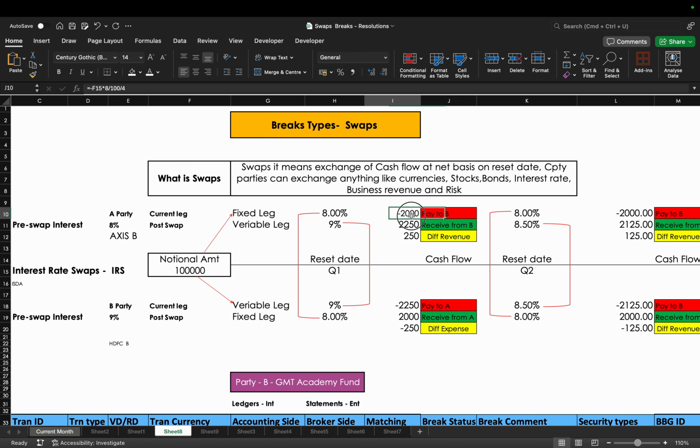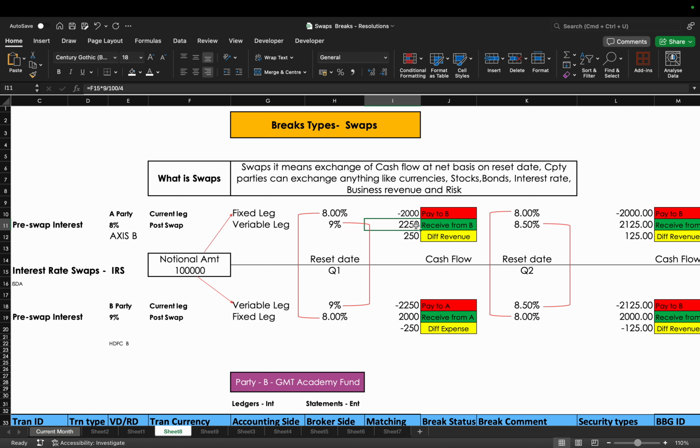If I calculate here, you can see the formula noted down: total notional amount into interest payment, divided by 100. Again you divide by 4, because in 1 year you have 4 quarters, so you will have almost $2,000, because we have already agreed 8% will be paid to B. So you pay 2,000 to B. Now we are talking about A's books, the counterparty A's books only, so pay 2,000 to B, and this portion we book as a pay.